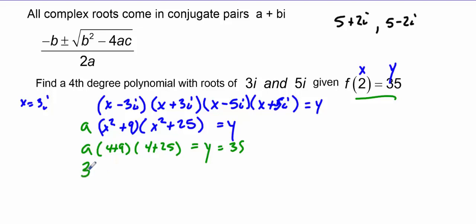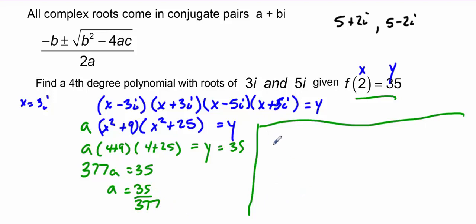So that's 377a equals 35, and a equals 35 over 377.